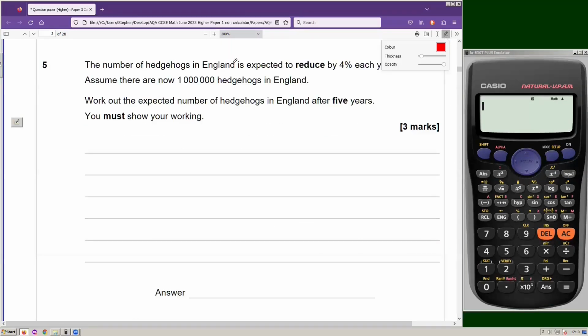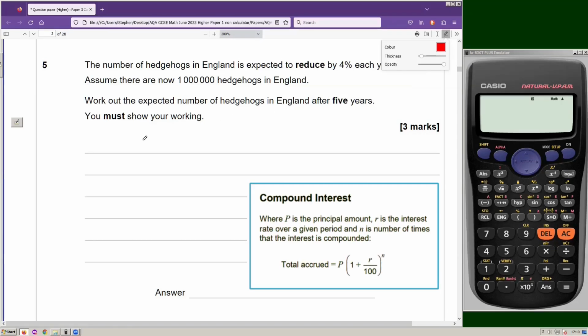The number of hedgehogs in England is expected to reduce by 4% each year. Assume there are now 1 million hedgehogs in England. Work out the expected number of hedgehogs in England after 5 years. You must show your working. We will use the compound interest formula, which can also be used for things going down in percentage.